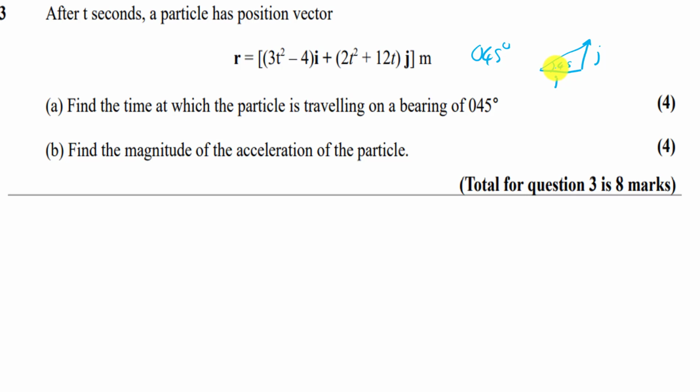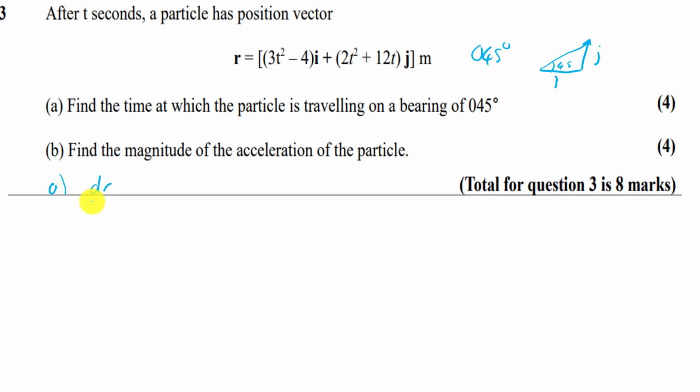So remember that direction, what do we think we need to find? Is it the hypotenuse? We will have to find the velocity first, because this is just the displacement, right? So we're going to differentiate it.